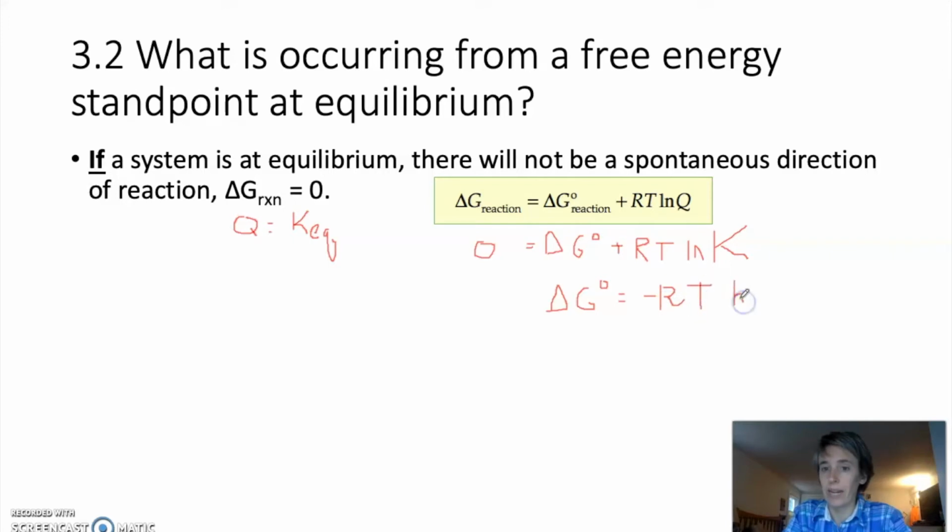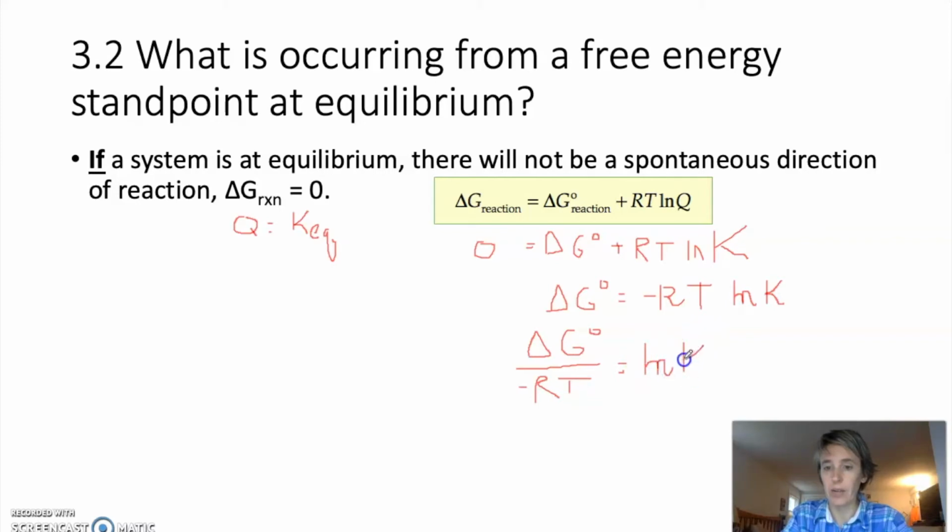So if I know K, I can solve for the standard state free energy change. I can also rearrange this to solve for K. I can do so by dividing both sides by negative RT. Now I've got that equal to the natural log of K.